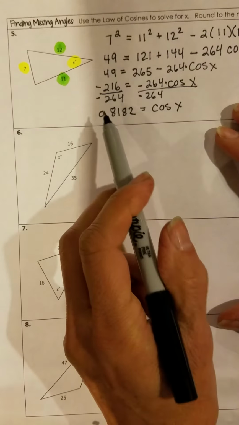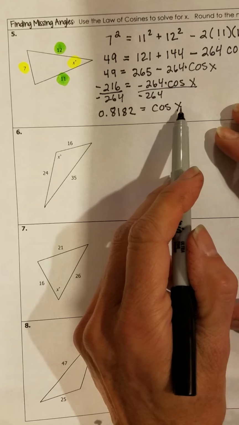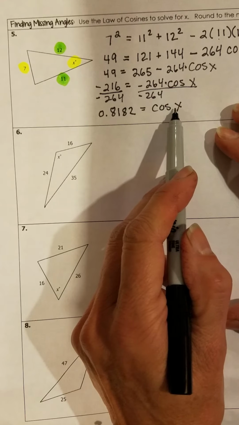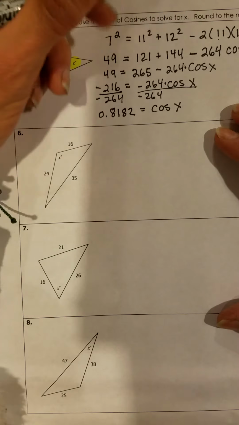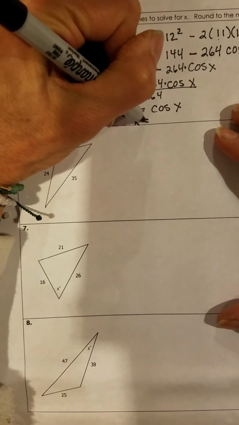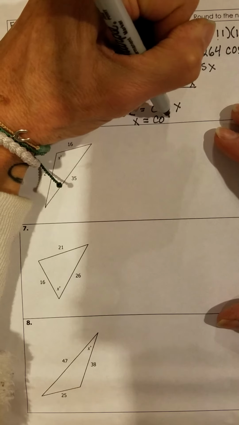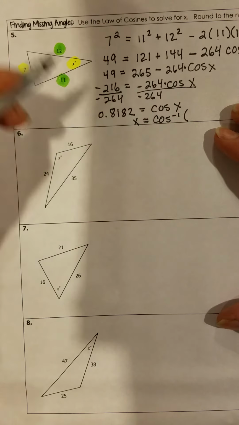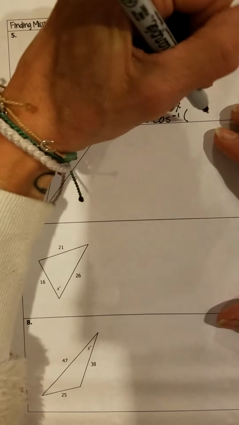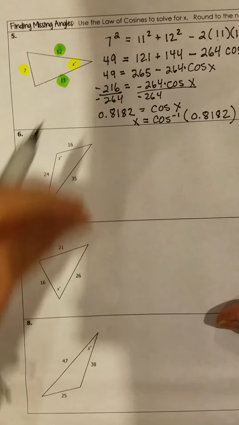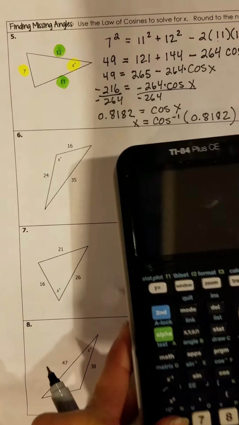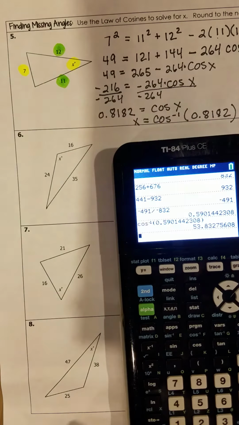Now, whenever we're looking for an angle, we need to use the blue button, or inverse cosine. So we're going to type this in our calculator. We're going to say x is equal to cosine negative 1, and then we input the ratio, which just happens to be expressed as a decimal. It's okay. All right, so here we go. I think I already have this in my calculator, but I'll do it again.